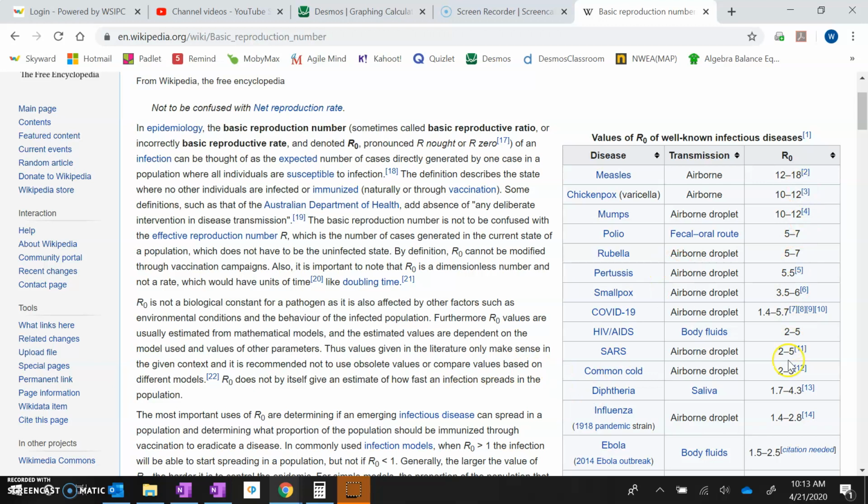All of those things affect that, as well as the biology of the infectious disease itself and how long it can live on a surface and how it can live in the air, if it has to be in a droplet of liquid like COVID-19, or if it can just be floating as an airborne particle like measles or chickenpox.